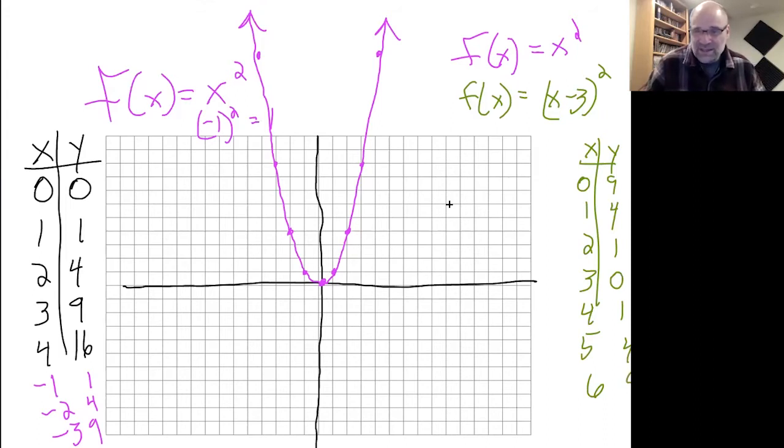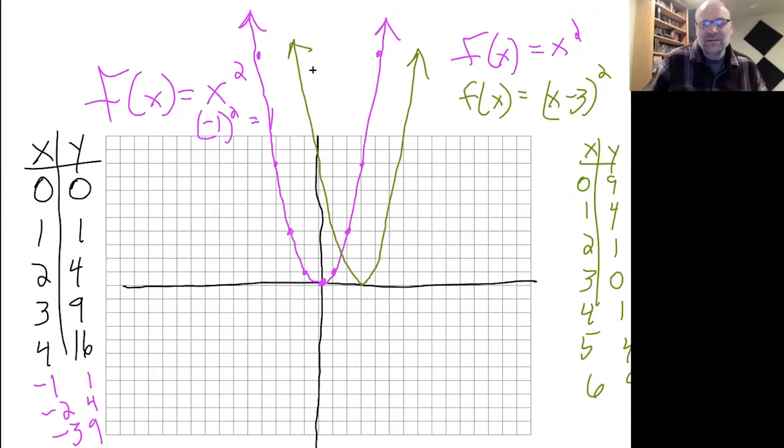Basically, it's the same y values, but the x values are shifted over 3 units. See how we just shifted that 3 units over to the right? So when you see something being subtracted from x, that's a shift to the right.